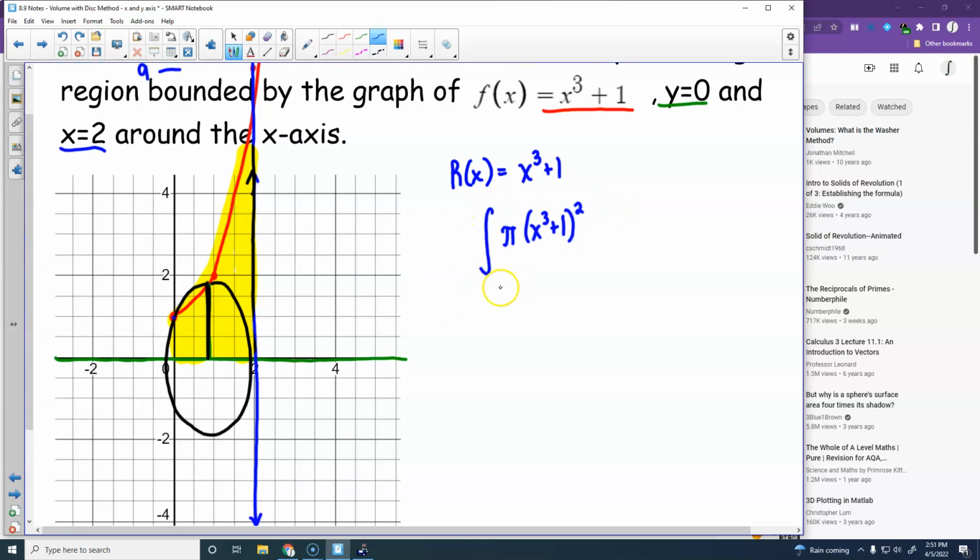What should our limits on our integral be? 0 to 2. It does because it tells you first quadrant. So first quadrant means you're going to stop whenever you get to that y-axis. It also gives you a boundary of that x equals 2 line.